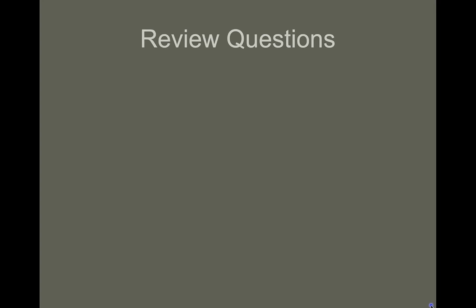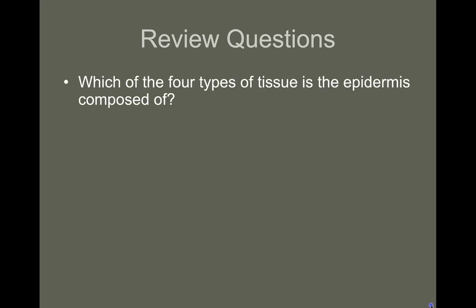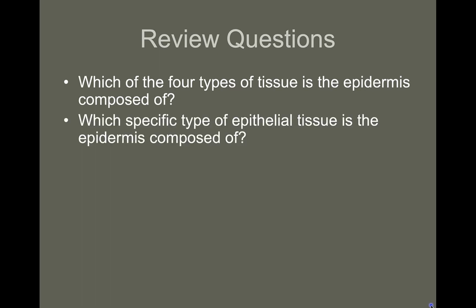So let's start with a handful of review questions, just to be thinking about last week's lab and kind of bring that into today. So take a second, and which of the four types of tissue is the epidermis composed of? All right, hopefully you said epithelial tissue on that.